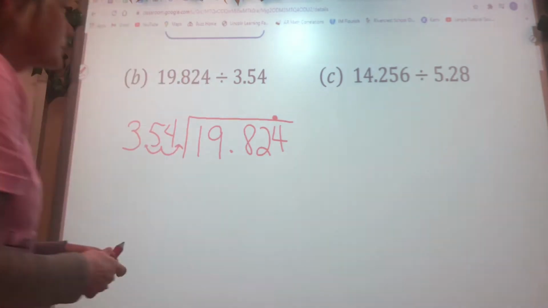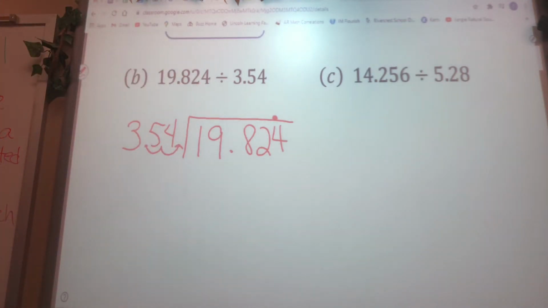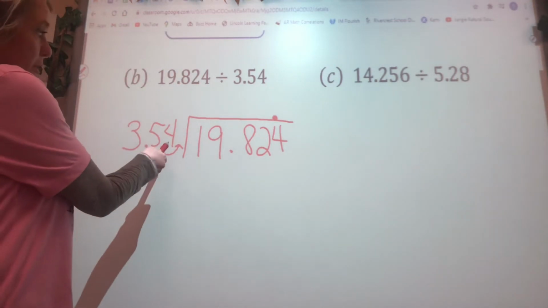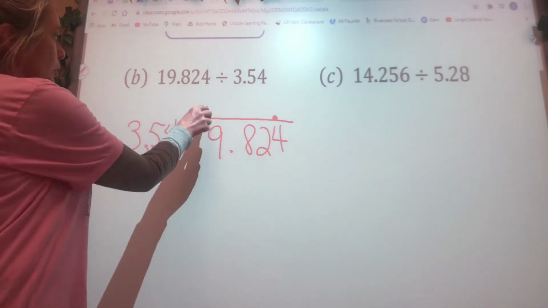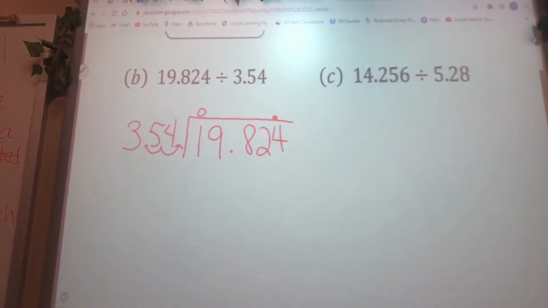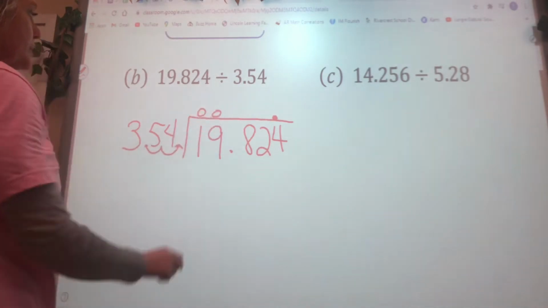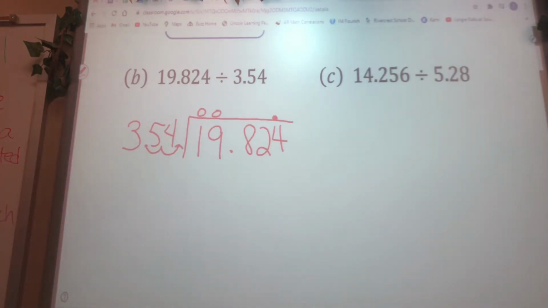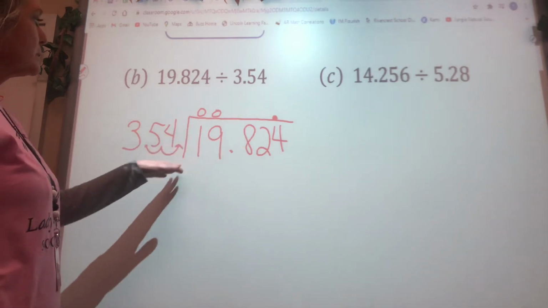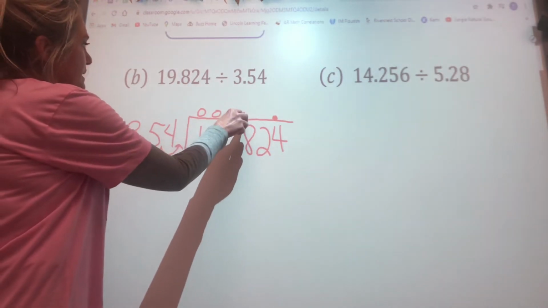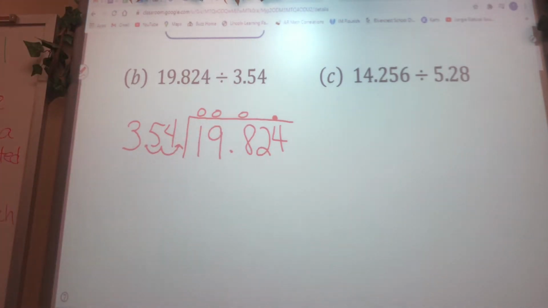All right. Now, we know that 354 won't go into 1, so we placeholder 0. It won't go into 19, so we placeholder 0. Wow. It won't even go into 198, so this time we're going to have 3 placeholder zeros.